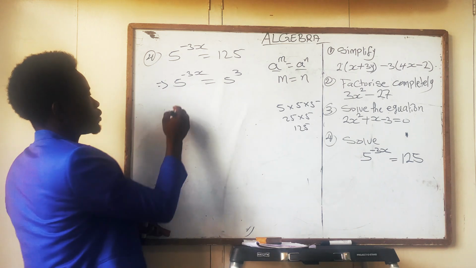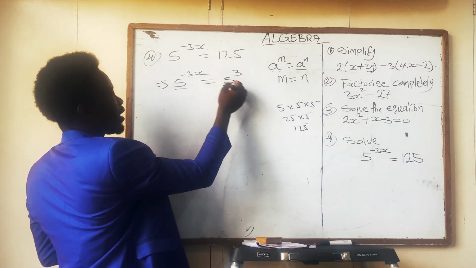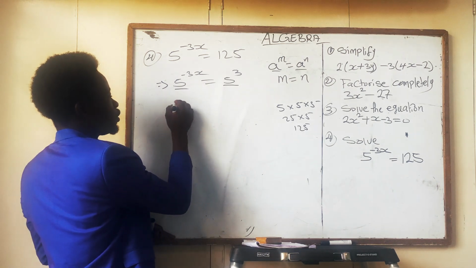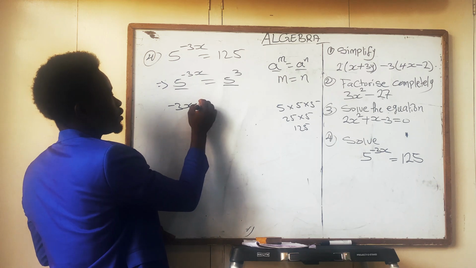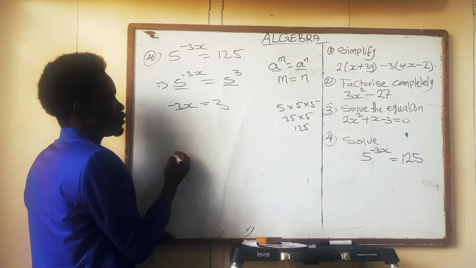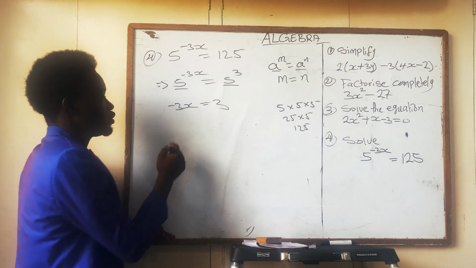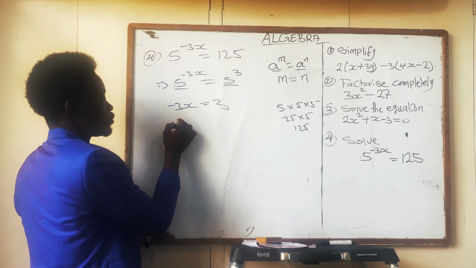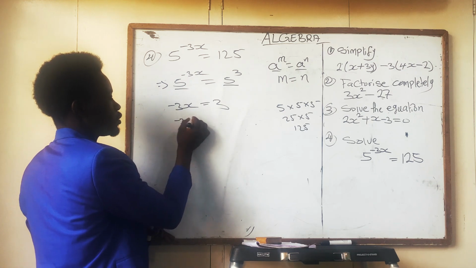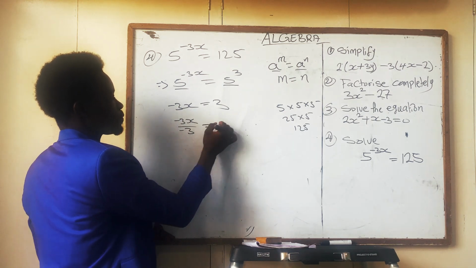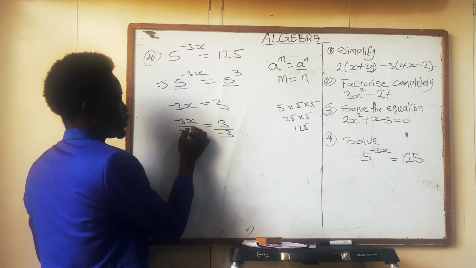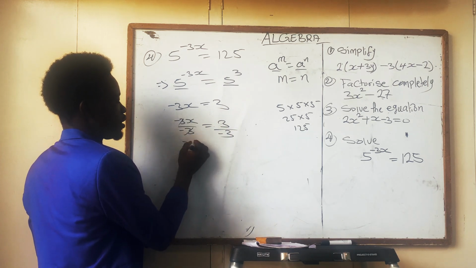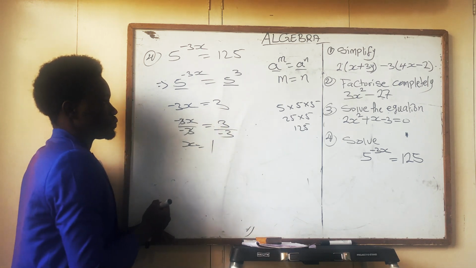Okay. Now that the bases are the same, I can equate the exponents. So negative 3x is equal to 3. Right? We are looking for the x. So we divide through by negative 3. And this is going to cancel that, leaving x to be equal to 1.